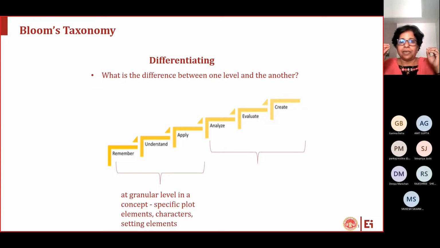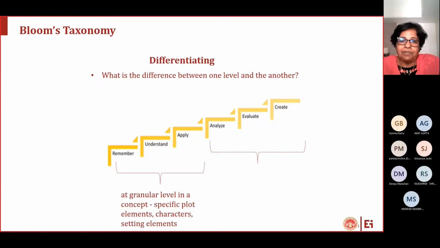So think of it like remember, understand, and apply at the individual elemental level, and analyze, evaluate, and create at a holistic level. Okay, so let us go through this point with the use of questions.